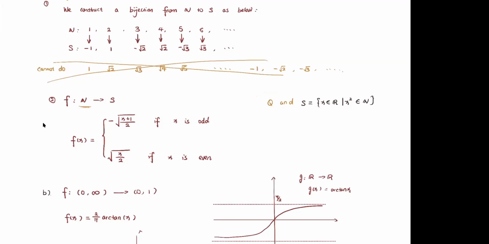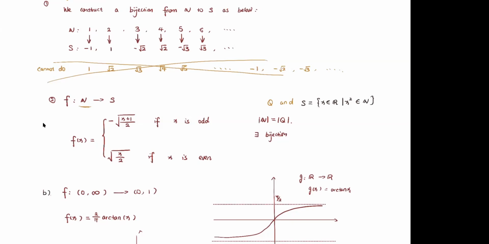Okay, so we know that the cardinality of the natural numbers equals the cardinality of Q, which means there exists a bijection between those two.